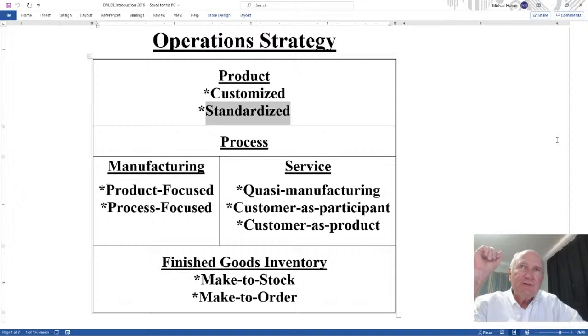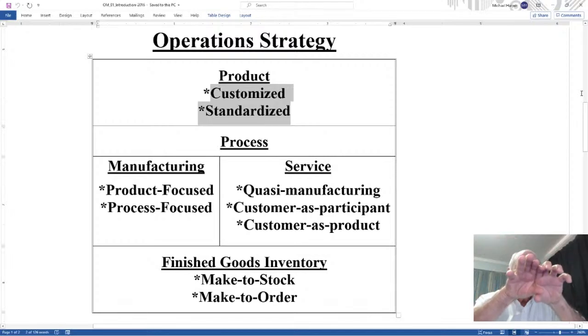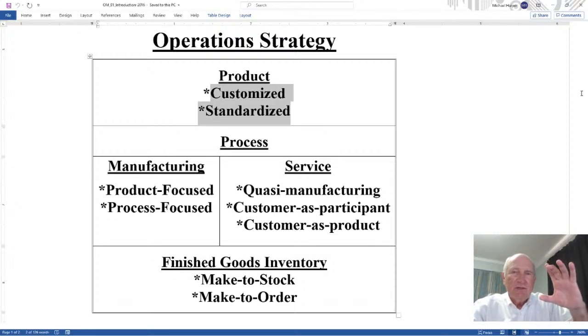Okay. And so, but in product design, usually you'll have a combination of a customized and standardized within one product. So a good example of that is the computers. You can design a computer for a very specific function, but every component in that computer could be standardized. In other words, it meets certain standards.